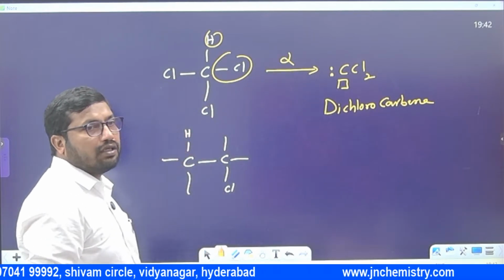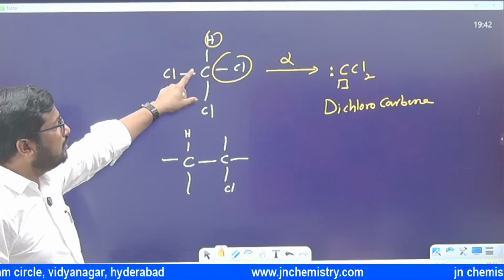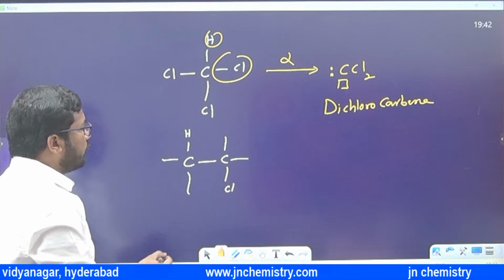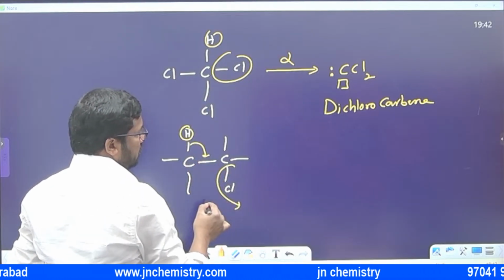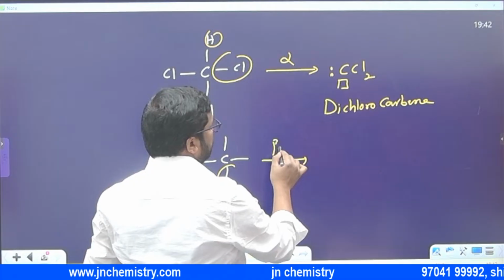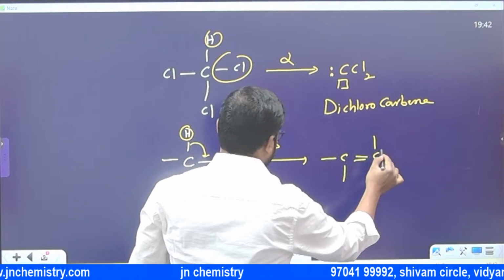Alpha elimination means what? We are removing the 2 atoms or ions, whatever it may be, from the same carbon. If we are removing from the adjacent one, this is called beta elimination. Write it down.